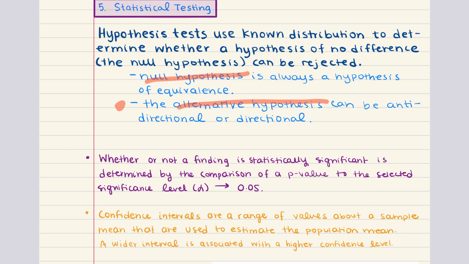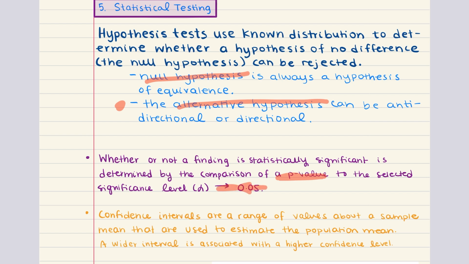And to make this decision, we calculate a p-value, which quantifies the probability of observing the results we obtained if the null hypothesis were true. In most studies, a p-value is compared to a predefined significance level, often set at 0.05.